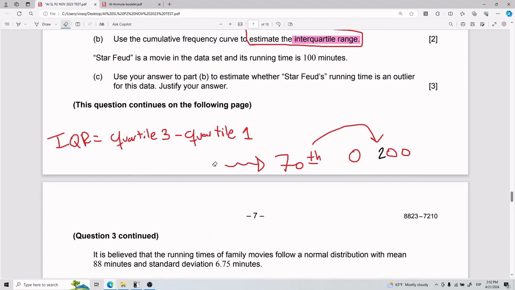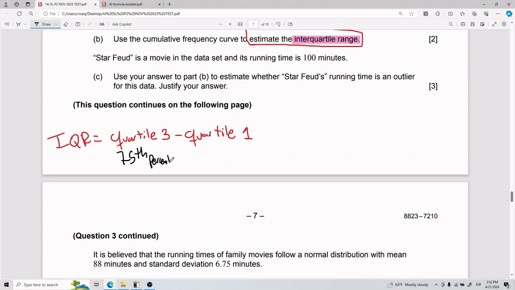If I talk about it in terms of quartiles, think about it this way. Your quartile 3 is your 75th percentile. And your quartile 1 is your 25th percentile. Because it's in quarts, it's like 1/4, 1/4, 1/4, right?